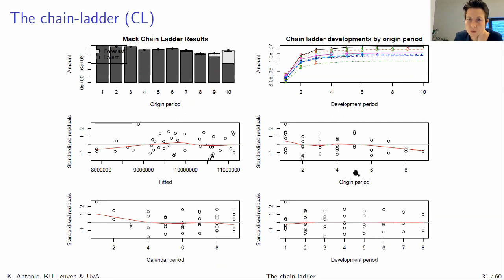You see that, of course, the further you go in your origin period or accident period, the fewer residuals you're able to calculate, because there you have few cells observed. Why do we display such residual plots?